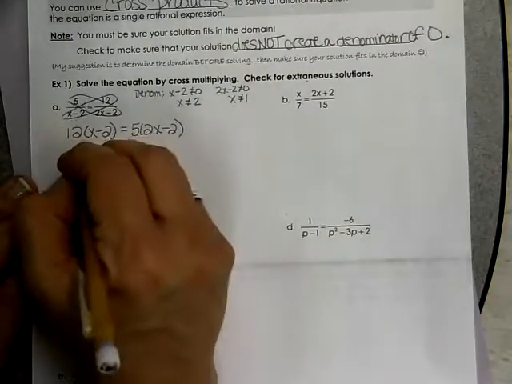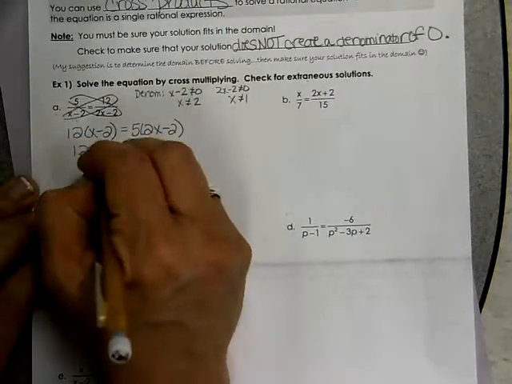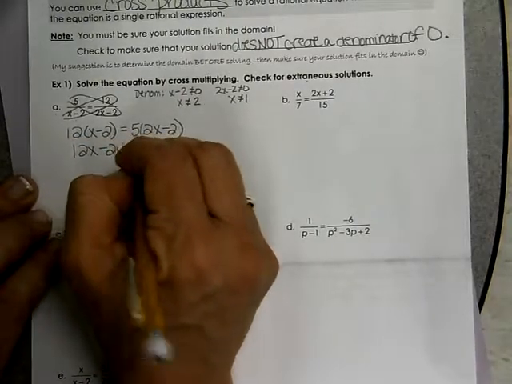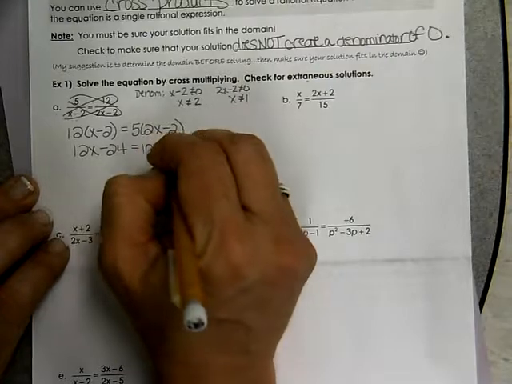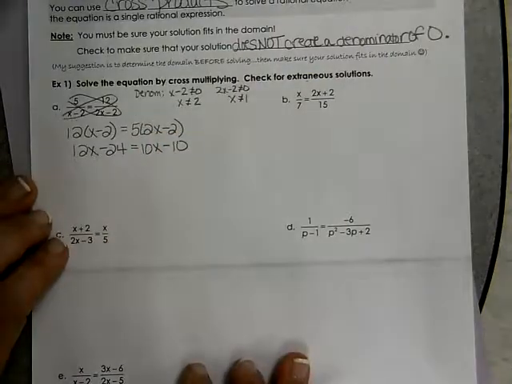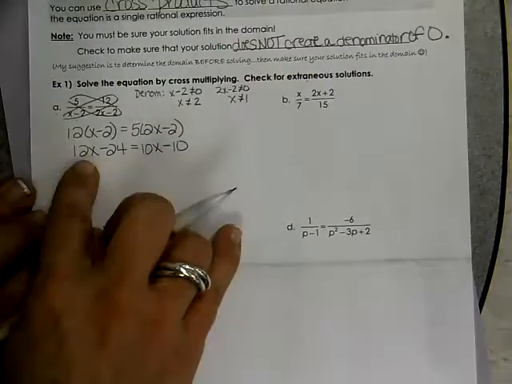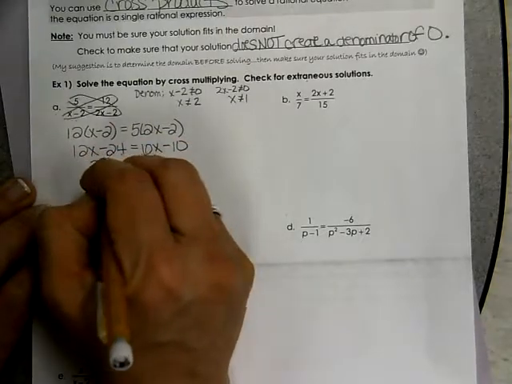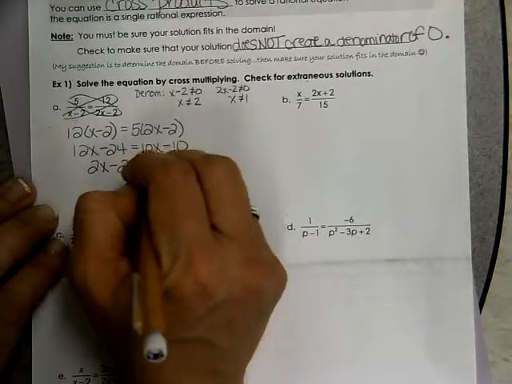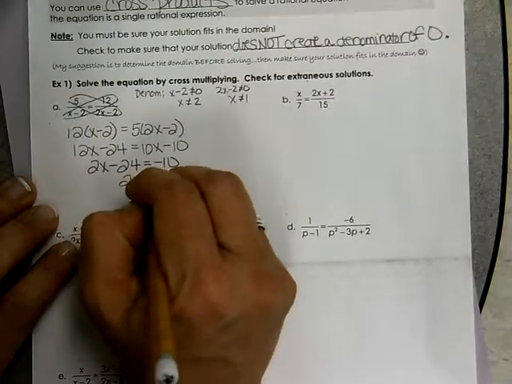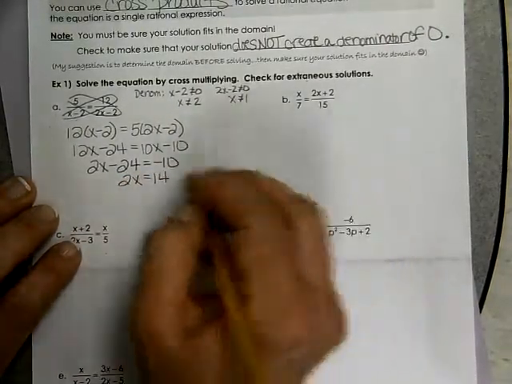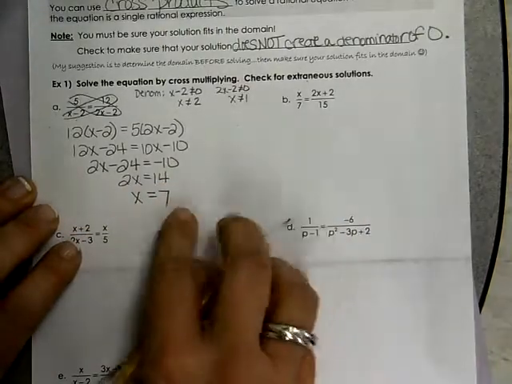So then we can distribute 12x minus 24 and 10x minus 10. Then we can subtract 10x, add 24, and we get that x equals 7.